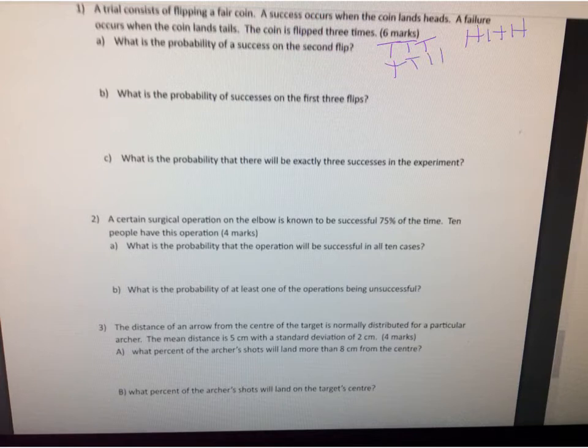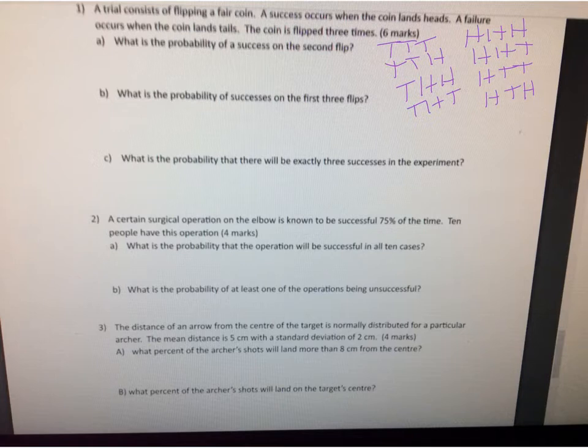So there's this one, and this one, and this one, and then tails, heads, tails, and then the same thing over here. And so if you list them all out, that's helpful just because you can sort of look at them to see which questions they're describing, and you can just count.